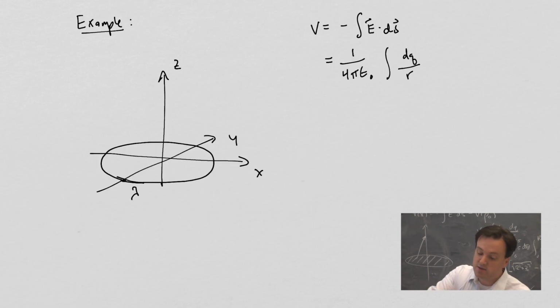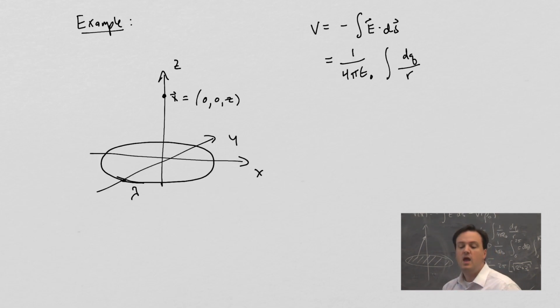And for now, I'm just going to be interested in some point that I'm going to call x vector that's above the xy plane, but it's going to be located along the z-axis, and so its components are going to be 0, 0, z.